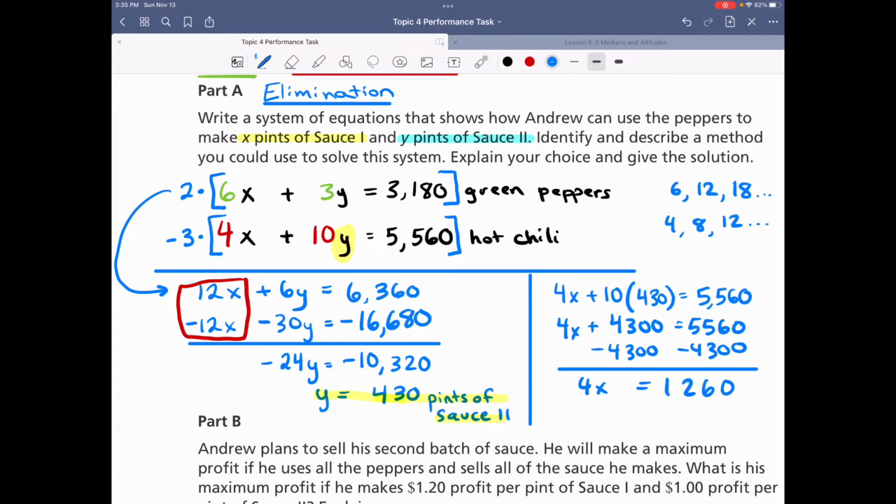1,260. Because you're making up your numbers right now, you may get decimals, and that's okay. If I divide by 4, I get 3, and 4 goes into 16, 60, 15 times. So I could make 315 pints of sauce 1.